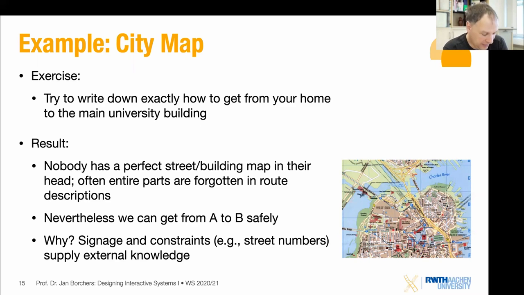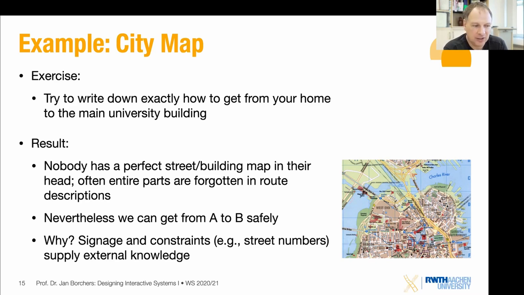Or if you drew a map, then probably the crossings will be more prominent in your drawing because they are the important points, whereas a long part of a street where you just walk down or drive down won't be as big in your map either. So the point here is just to say none of us has a perfect street and building map in our head, right, of our home city. You may forget entire parts of your route in your description.